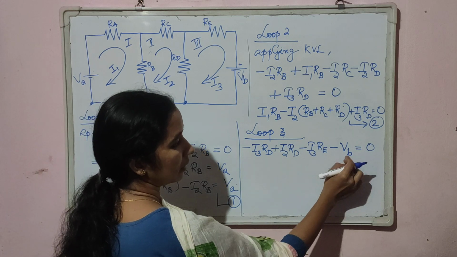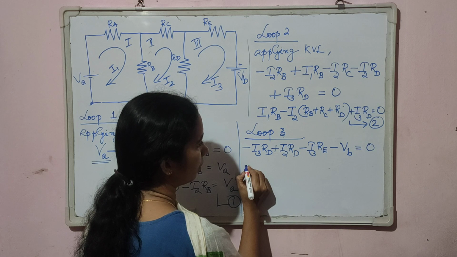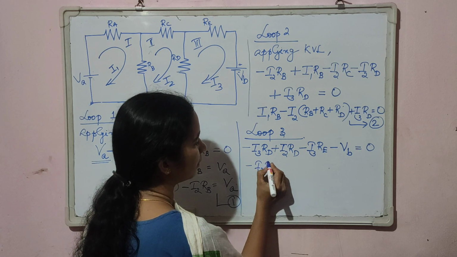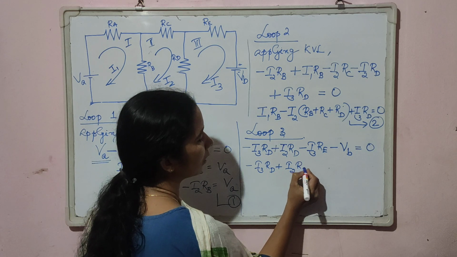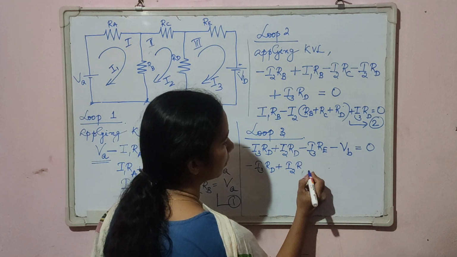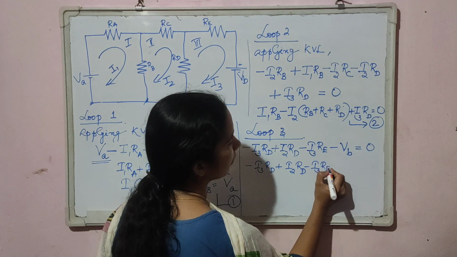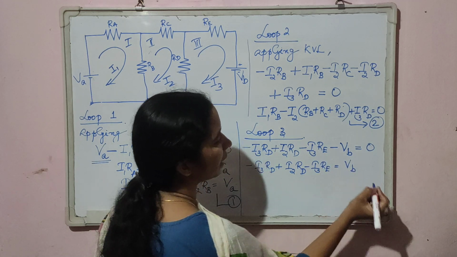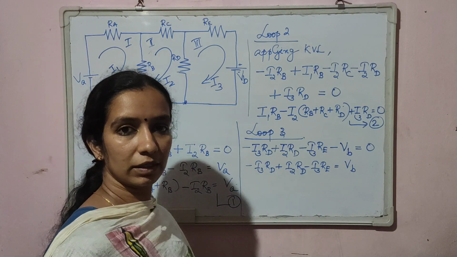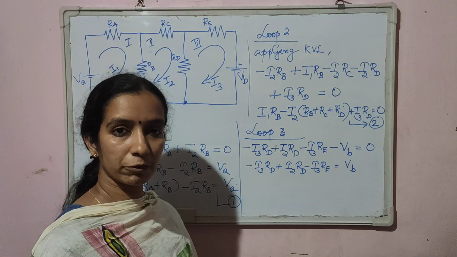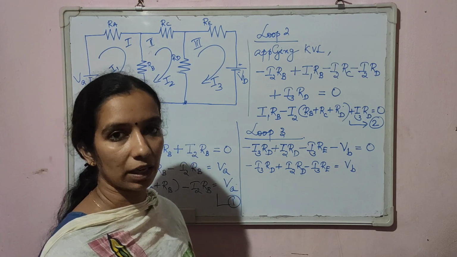So now taking this VB to the right hand side, we will get minus I3 RD plus I2 RD minus I3 RE is equal to VB. Now rearrange this term in such a way that the term containing I1 comes first, the term containing I2 next, and term containing I3 last.